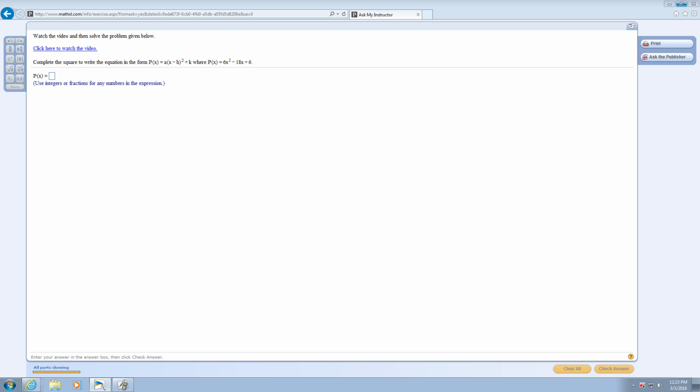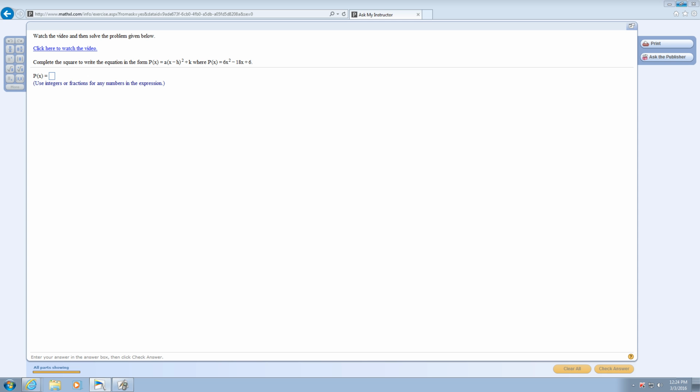And that's going to be 6 times x minus 3 halves quantity squared. Is that a positive 6 or negative 6? A negative 6. That's going to be 27 halves, and then this is going to be 12 halves.